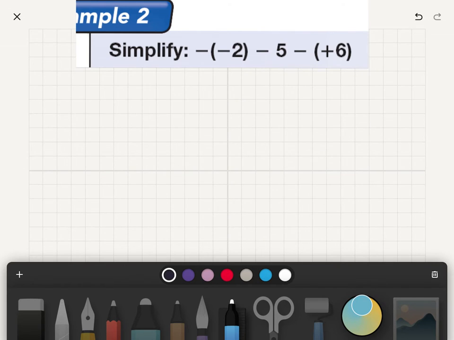I'm going to give you a minute to copy down and then try to figure out where brackets could go, in the way that we just showed, to simplify what's going on here. Because right now we've got -2 -5 minus +6, huh? Oh, well, just copy down the equation though, and we'll see where I go with that.